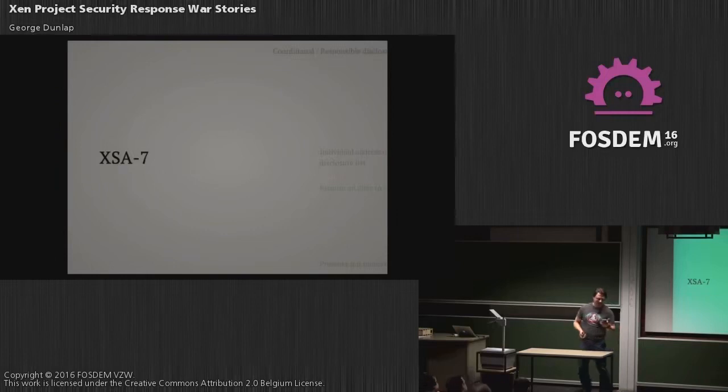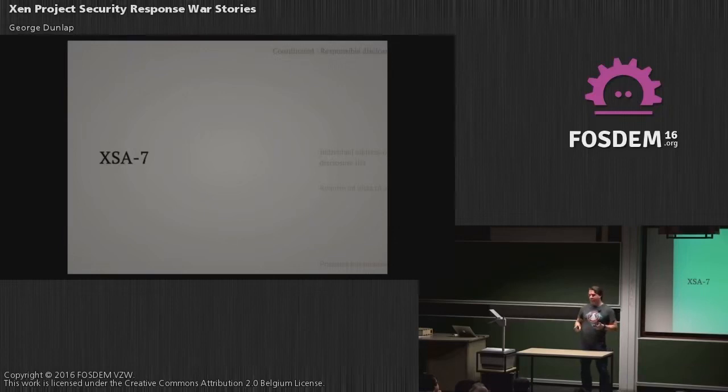So most major operating systems had been vulnerable at some point, including Linux, FreeBSD, NetBSD, Windows 7, and because Xen uses the syscall and sysret for hypercalls, Xen was also vulnerable.